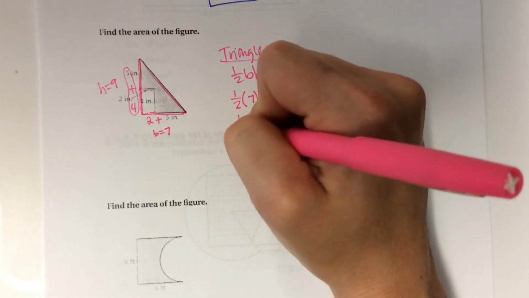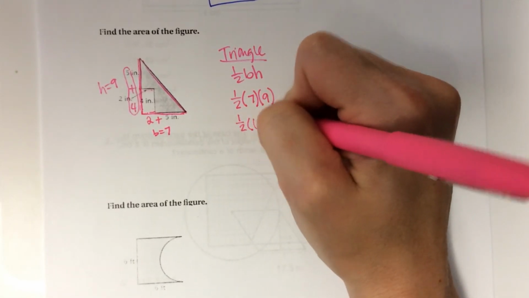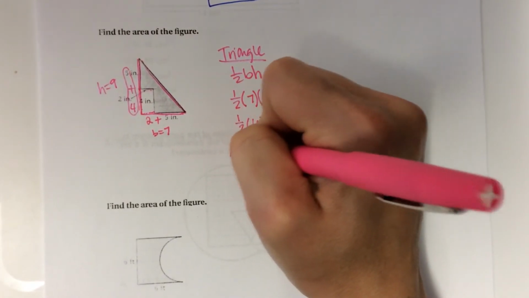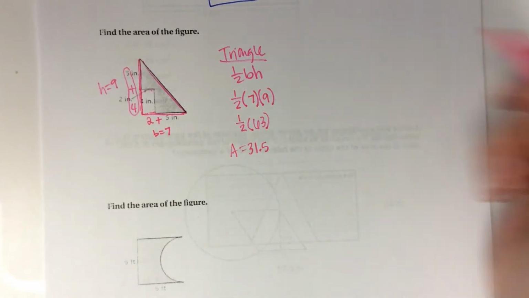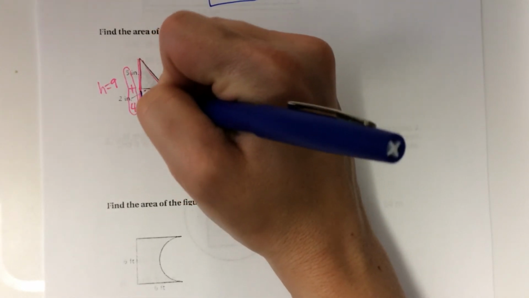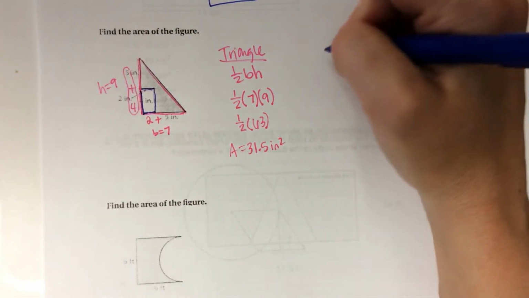So I'll do that to show you. So 9 times 7 is 63, and then 63 divided by 2 would give us an area of 31.5 inches squared.